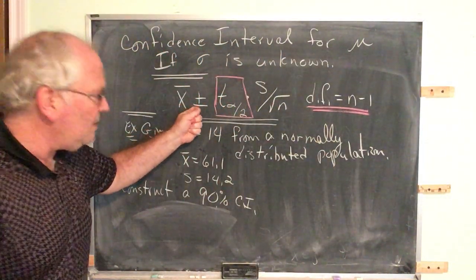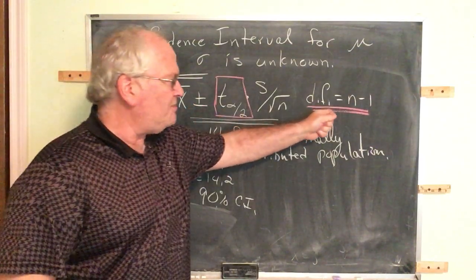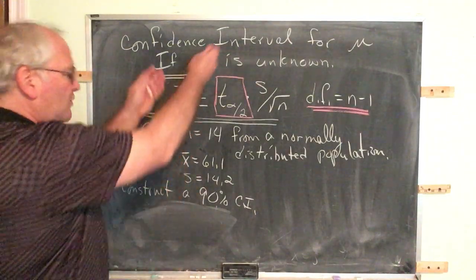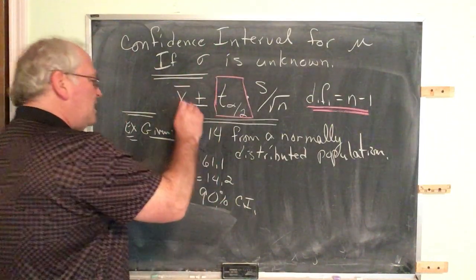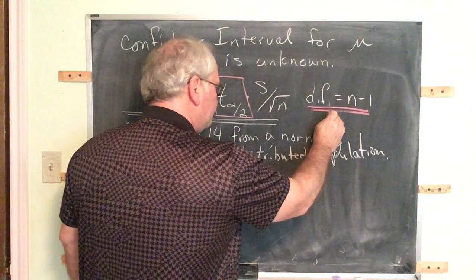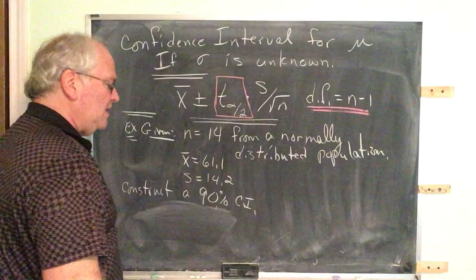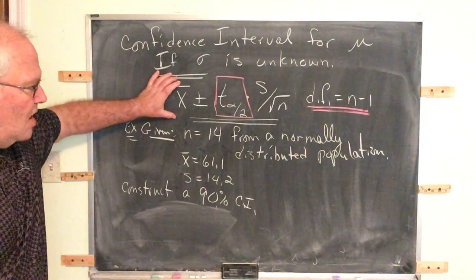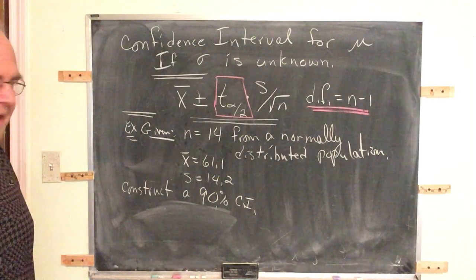Depending upon the formula you're working with, the computation for degrees of freedom might change. In this particular case, for this particular problem type, anytime you use this formula, the degrees of freedom are n minus 1. That's all we need to know from your side of the camera. All you need to know is that the degrees of freedom here are n minus 1.